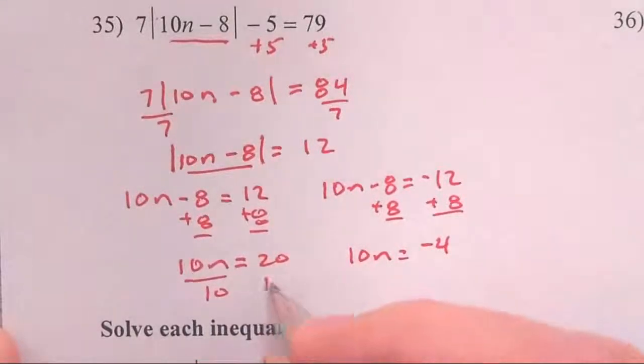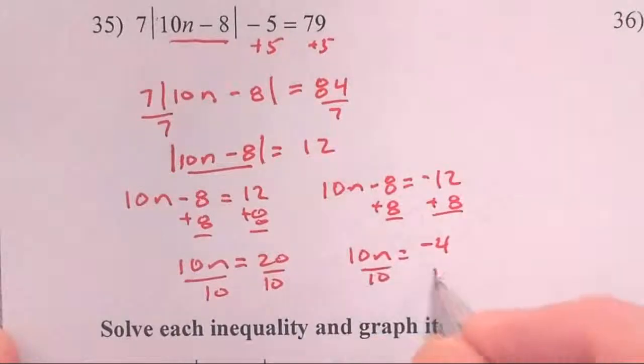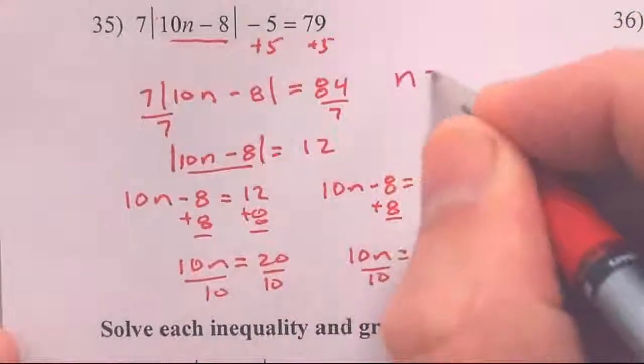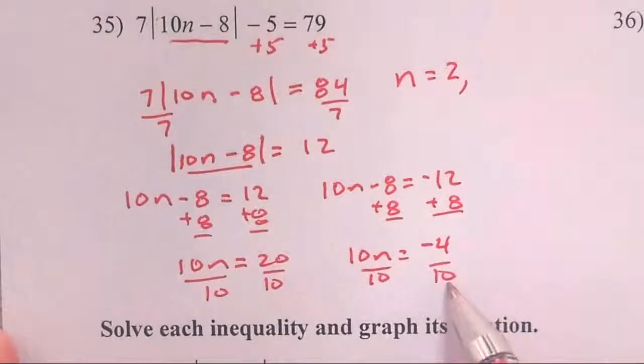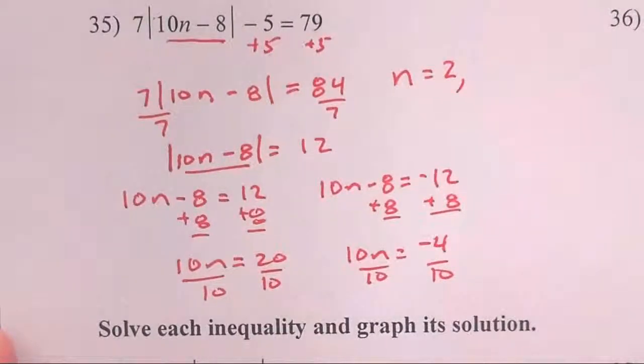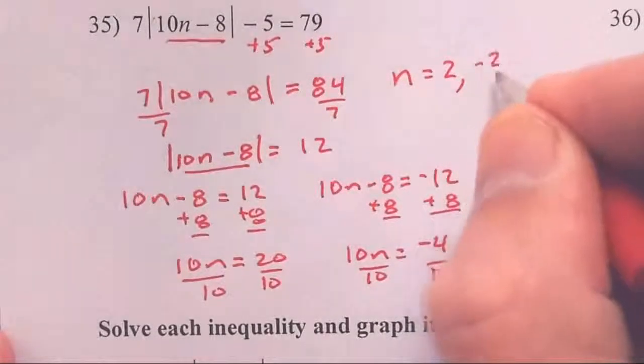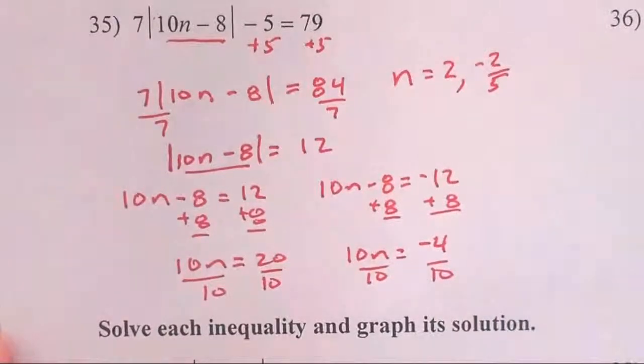Divide by 10, and I end up with n equals 20 divided by 10, 2, or negative 4/10. I would prefer fractions, unless you're told differently, to rounded decimals. Negative 4/10 reduces to negative 2/5.